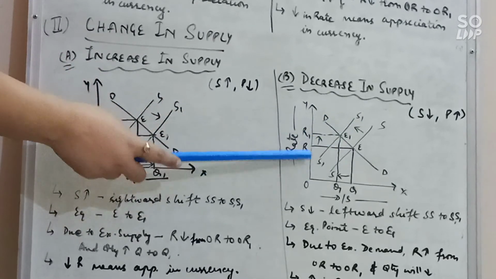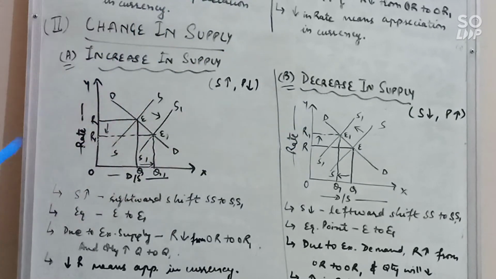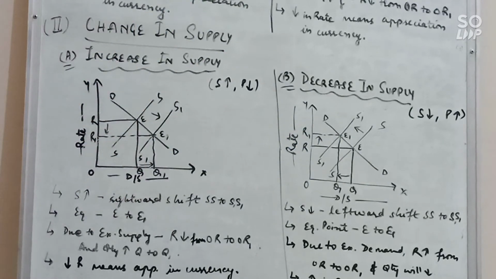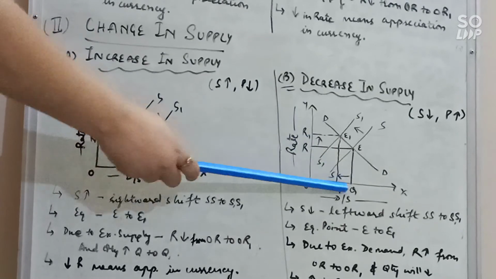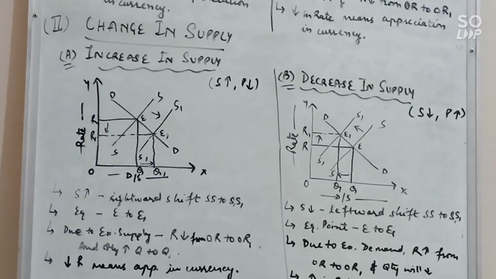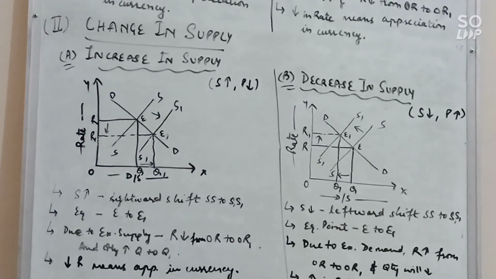According to this, rate will increase from OR to OR1 because of excess demand, and quantity will also decrease from OQ to OQ1. Increase in rate shows there is decrease in the value of domestic currency in terms of foreign currency. It means there is depreciation in the currency.